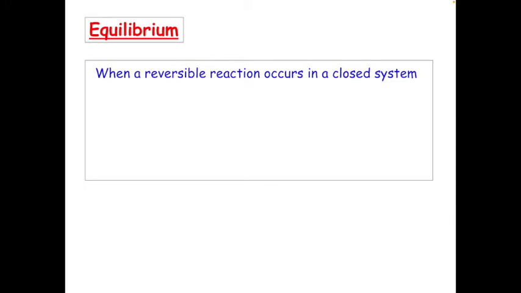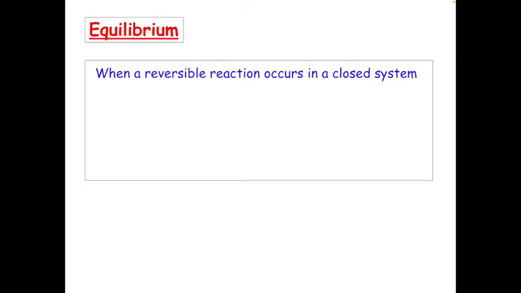When you have a reversible reaction happen in a closed system, that means, for instance, if you imagine a test tube or a boiling tube with a stopper on top, a chemical reaction happening in that. Because that's sealed, that's called a closed system. An open system would be where it's not stoppered off and it can react with all the things in the environment.